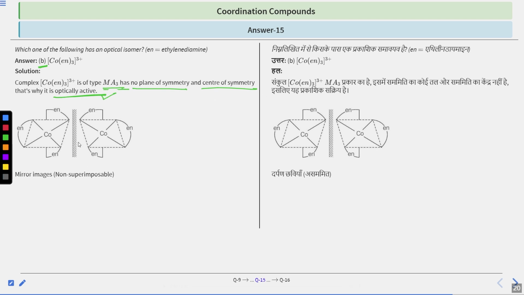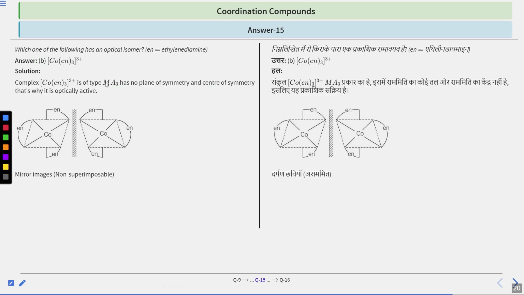You can see here the non-superimposable mirror images of the cobalt en thrice complex, and there is no plane of symmetry or center of symmetry observed, and that's why it is an optically active compound, and thus option B is the correct answer.